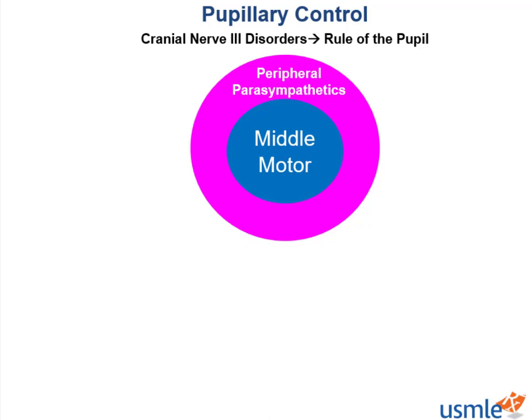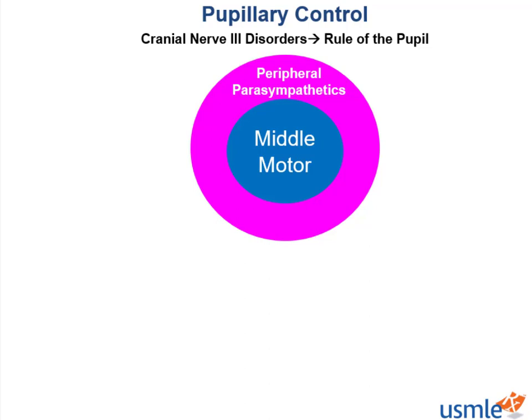Let the P's in periphery and parasympathetic and M's in middle and motor remind you of the location of these important nerve fibers. Honestly, though, it makes sense that the parasympathetic fibers are on the periphery because they are the preganglionic parasympathetic fibers from the Edinger-Westphal nuclei that hitch a ride on the oculomotor nerve, called motor because that is the main role of cranial nerve 3.